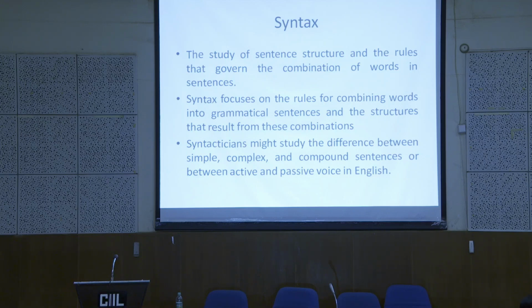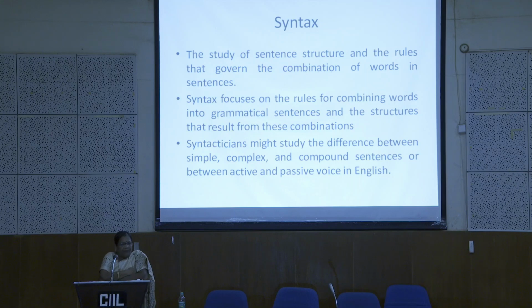It should be unmarked. Marked means there may be adjectives, adverbs, all those things. But a simple sentence consists of three elements: subject, object, verb, in any language. That's why the world languages are classified into 6 types.